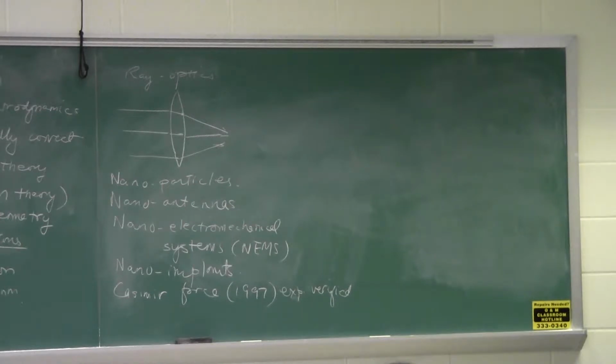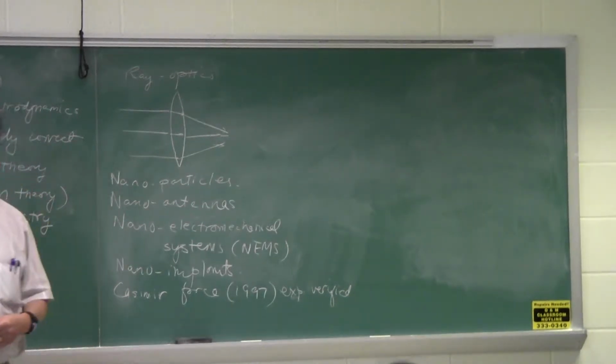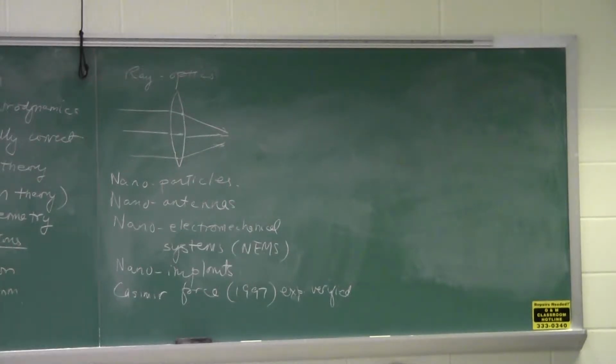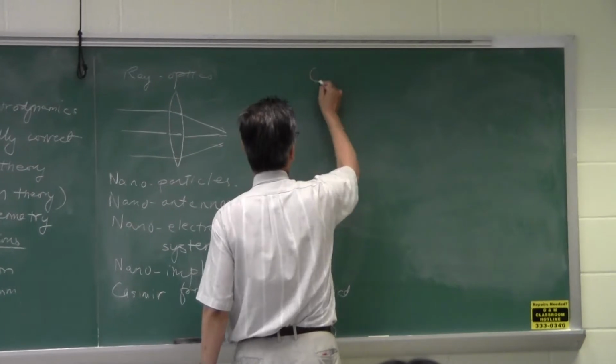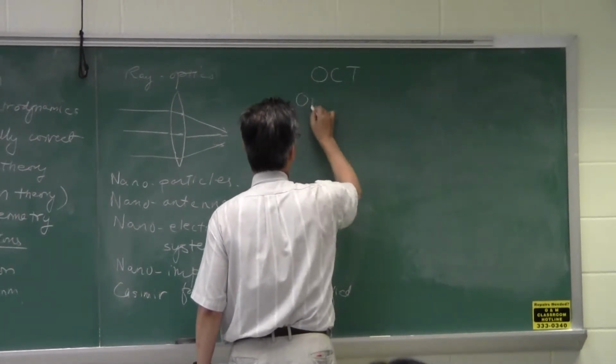One of the things that is very interesting is that a lot of things that were actually done in microwaves are now being repeated in optics, in nano dimensions. Things like optical coherence tomography. You probably heard of this before.